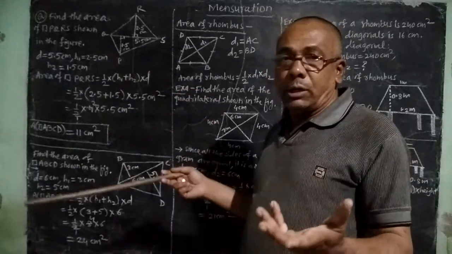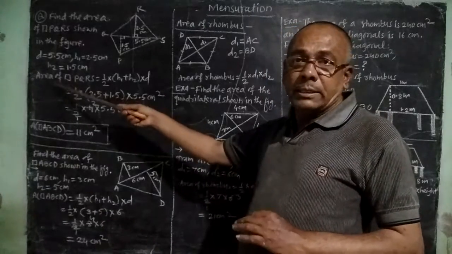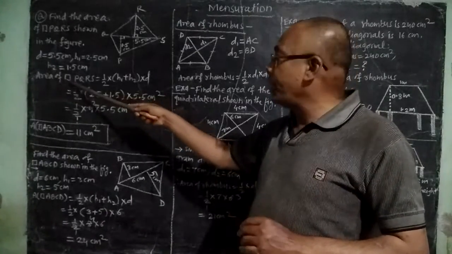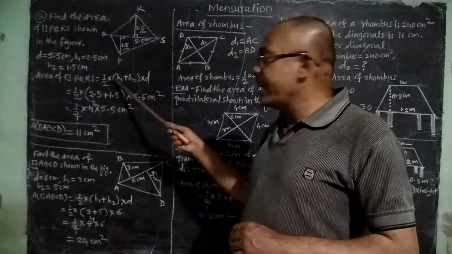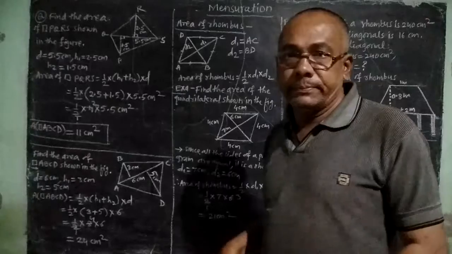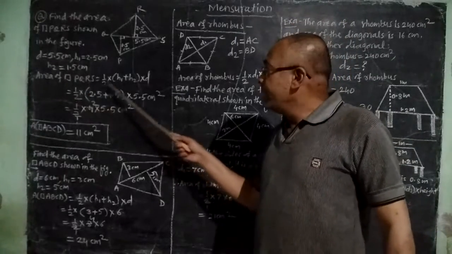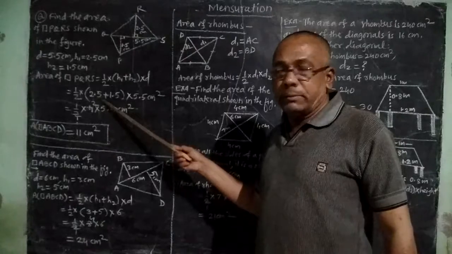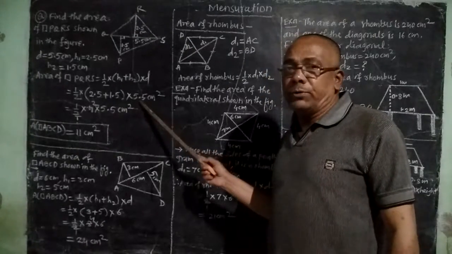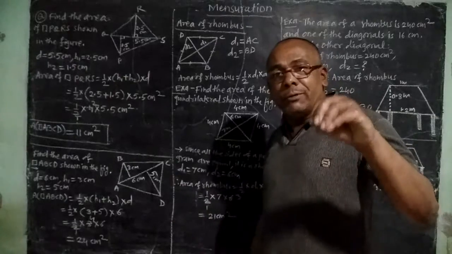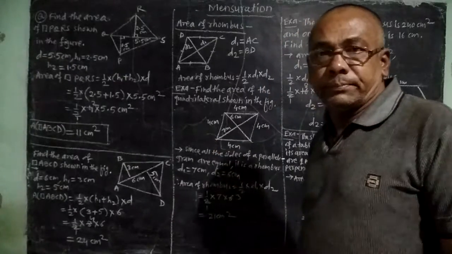And now we will solve this example. First of all, we have to write the formula, that is area of quadrilateral PQRS is equal to 1/2 into (h1 plus h2) into d. So that is equal to 1/2 into (2.5 plus 1.5) into 5.5, and the area is always given in the square of the unit, that is centimeter square.